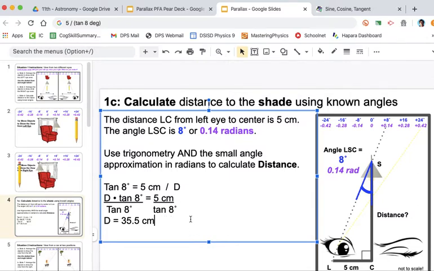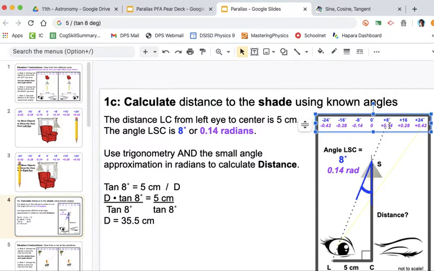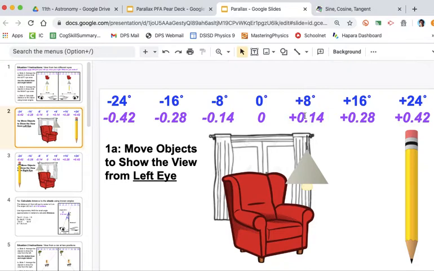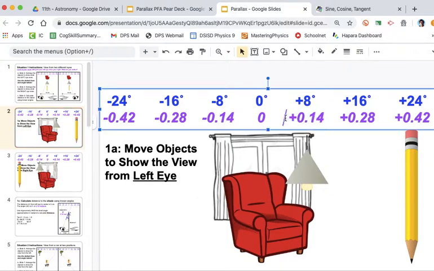Now, I told you I'd show you how to do the small angle approximation. The small angle approximation uses a special trick involving this other way of expressing angles. Notice there are two different numbers on this slide. There's the degree angle measurement, and then there's this number below it, which is called a radians angle measurement.